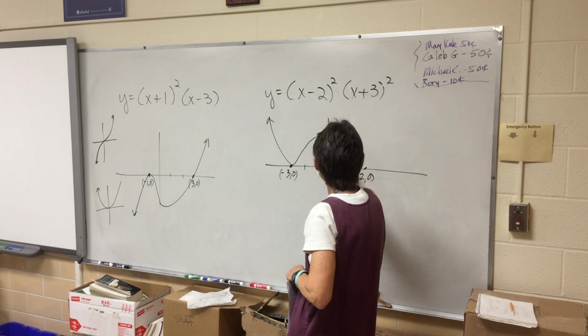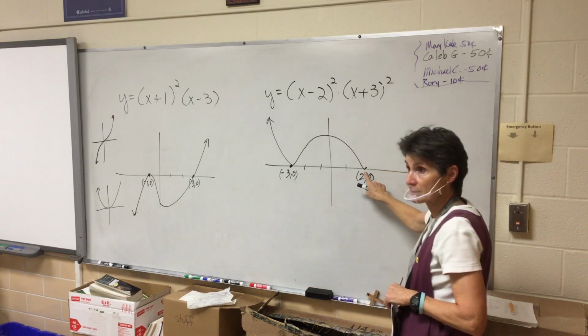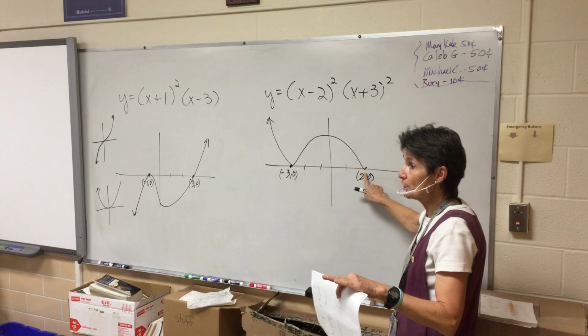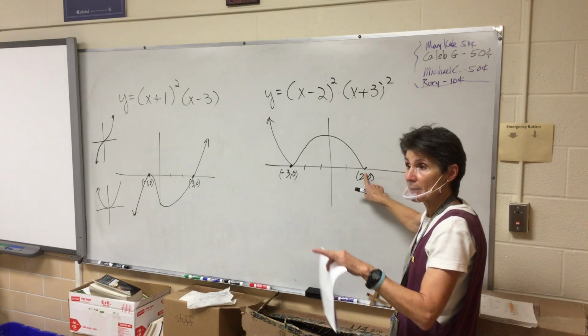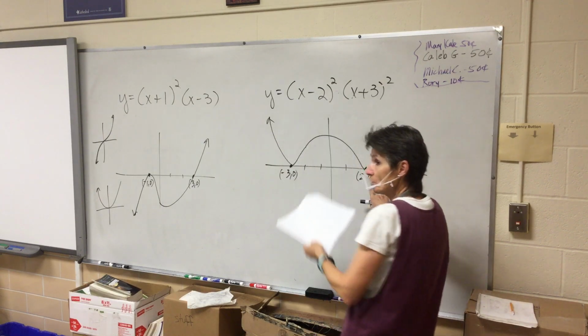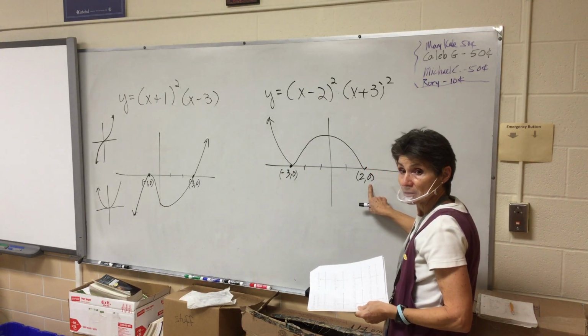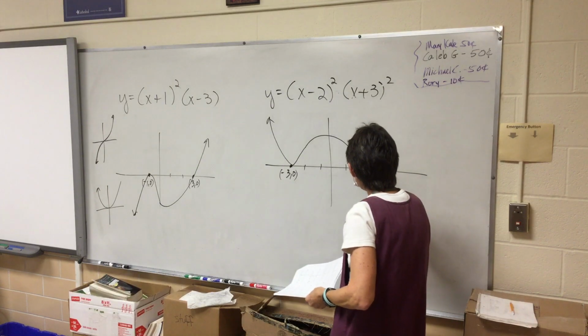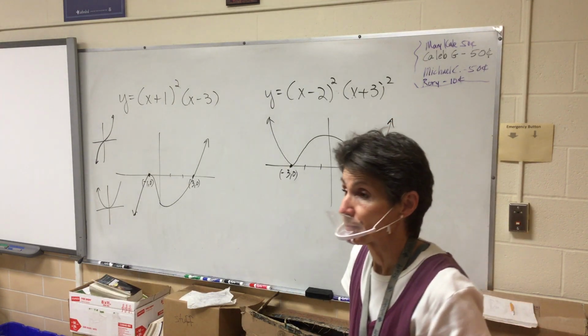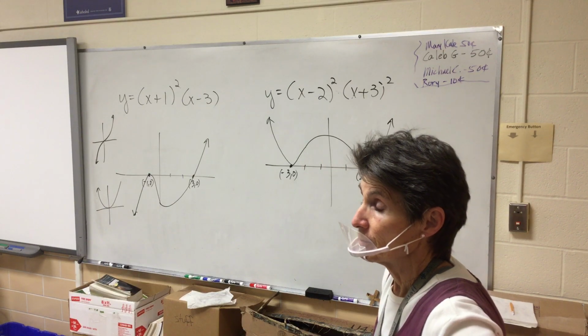At some point, I have to turn around and come back down and connect to this one. And now I have to decide, what am I going to do? Am I going to go through it? Am I going to bounce off of it? Well, it came from that factor, squared, so I'm going to bounce back off. So we got a W type shape for that curve.